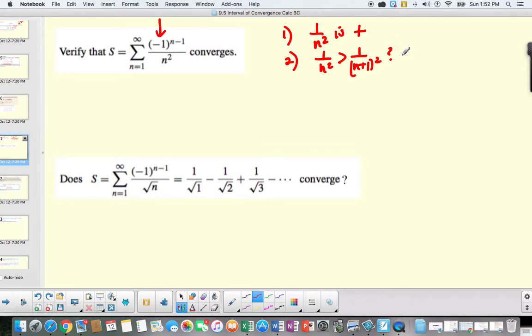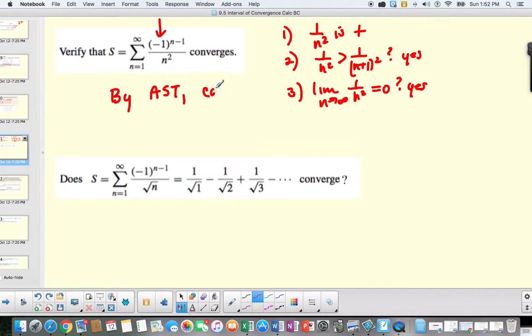And the answer is yes, because this is going to create a bigger denominator, so the fraction will be smaller. And 3, if I take the limit as n approaches infinity of 1 over n squared, does that equal 0? And the answer is yes. If it passes all 3, then we say by the alternating series test, it converges.